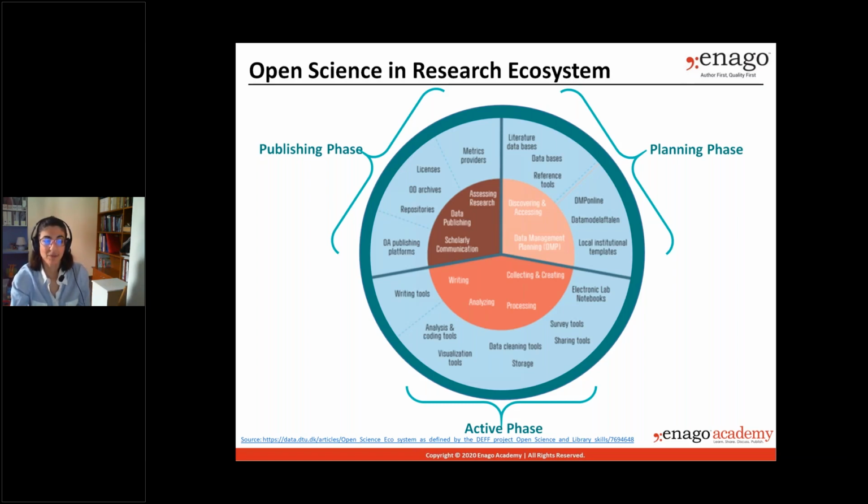You have, again, open aspects in the active phase of a project, including survey tools, electronic lab notebooks, open tools for everything from collecting and creating to processing, analyzing, and writing your manuscripts. Visualization tools, analysis tools, writing tools. All these have their different open aspects and versions.